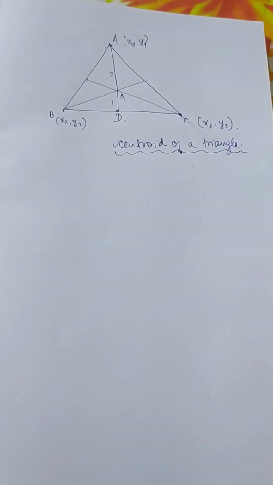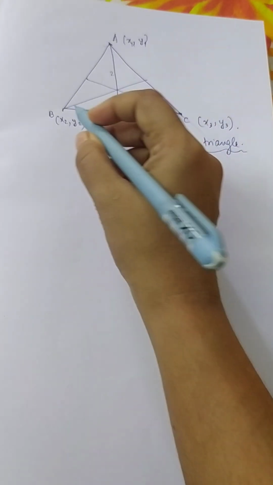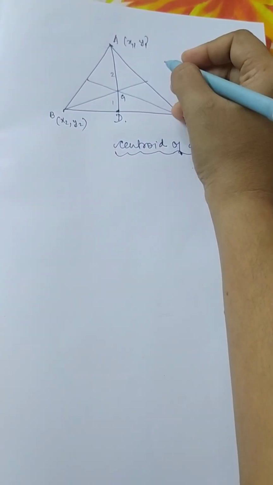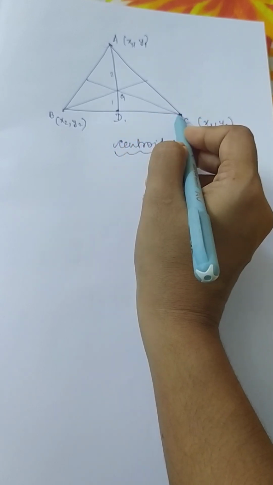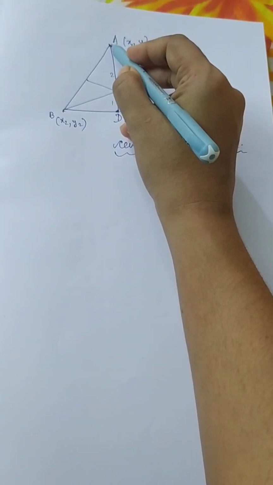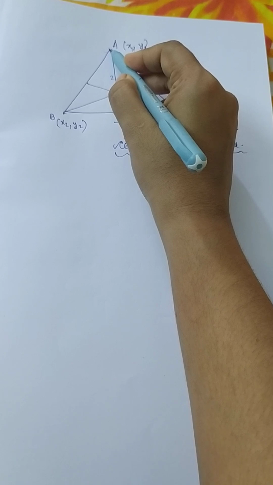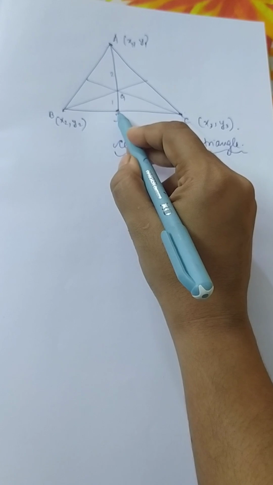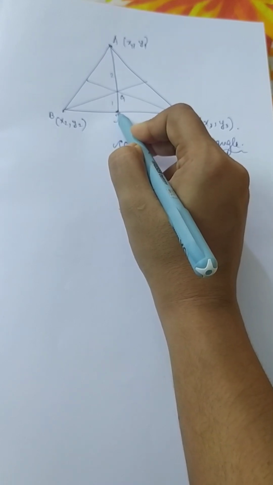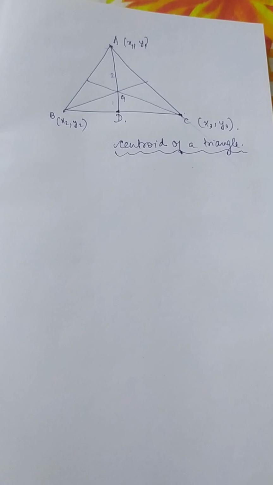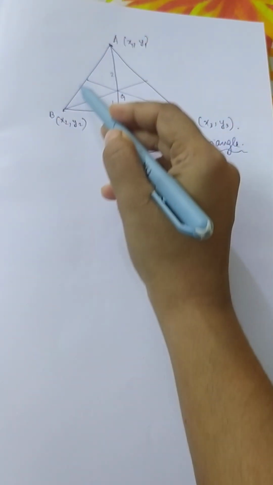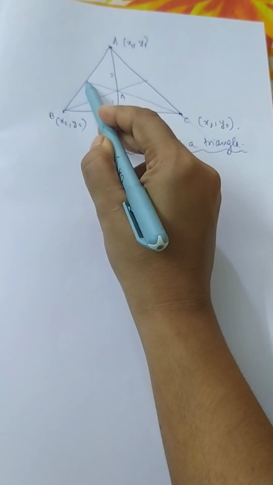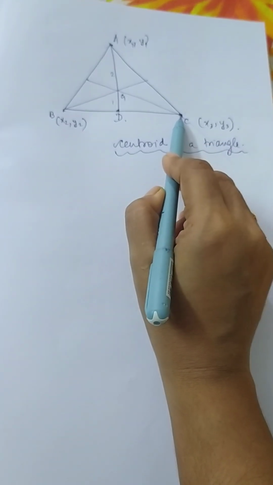If it is a triangle where every side is different, from the midpoint of each side, mind that from the midpoint of each side, if we project a line to the opposite vertex, so BC is the side, midpoint is D, from there I am projecting a line DA which meets at the vertex. Here also the same, from AB midpoint I am projecting a line which is meeting at C.